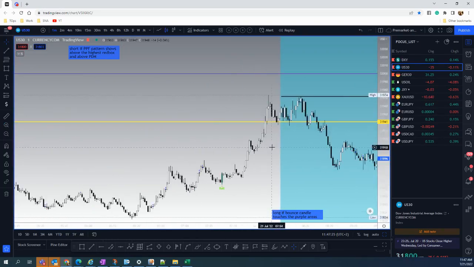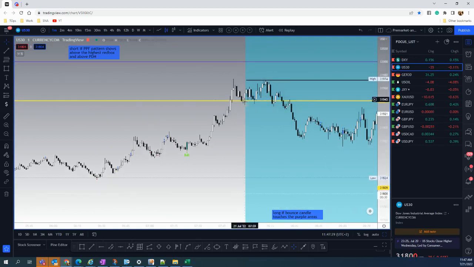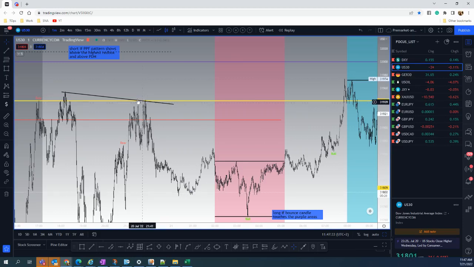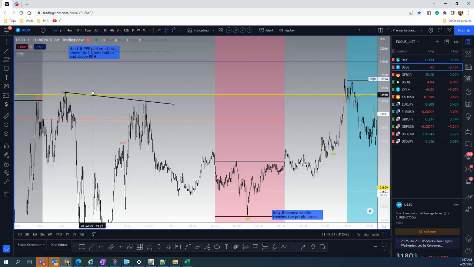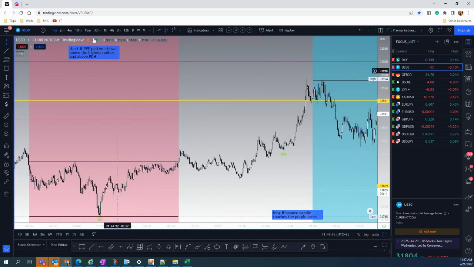It would be better if it were at the round number, but it's already eating the high of the previous US session. If I raise this yellow line, this is the highest point of the US session yesterday, and comparing to that point, you can see why it dropped.